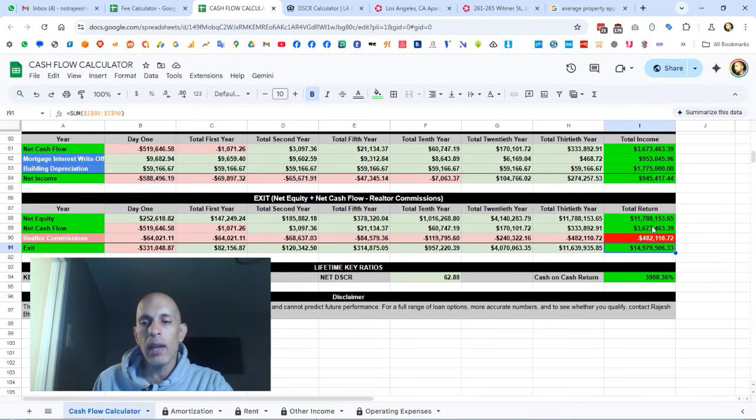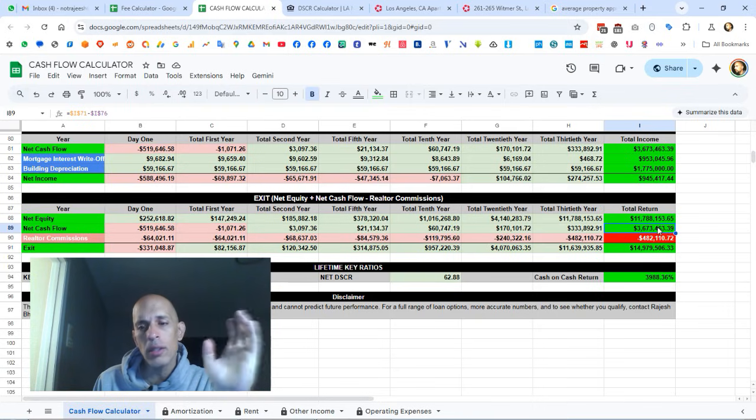And the way we do that is we take all the cash flow, we put it in a non-interest-bearing account, and we just let it sit. Every single dollar that you get as cash flow, as profit, you put it in a bank account with zero interest, and that adds up to about 3.67 million, 3.7 million over the entire 30 years.